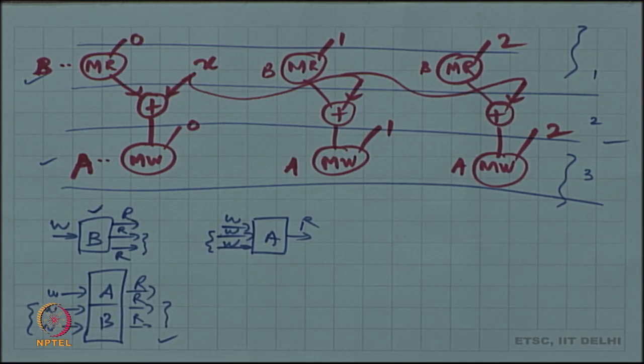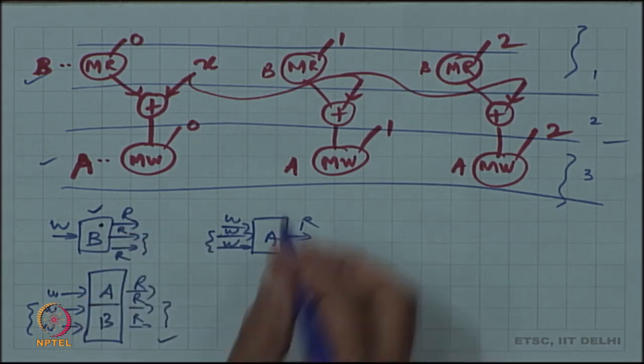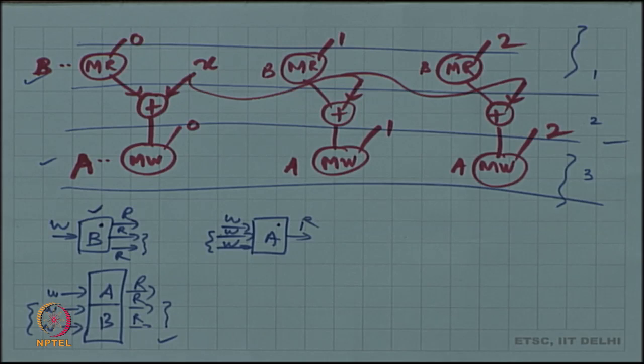Which is greater area? From here it is not obvious, but we did talk a little bit about it in the previous class. What are involved here? Each cell of the memory has to change now. In fact, each of the cells here now has 4 ports. Here too every cell has 4 ports. The total size is same in terms of number of cells, but the complexity of each cell is changing.